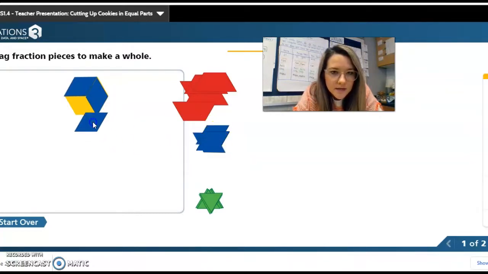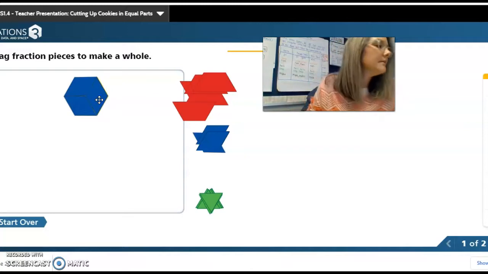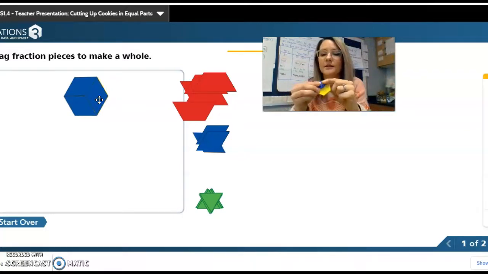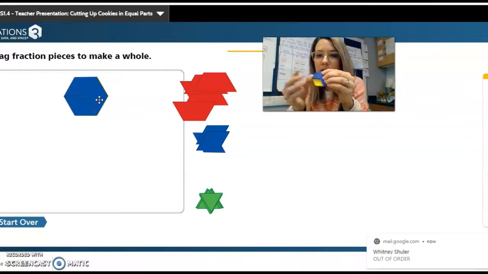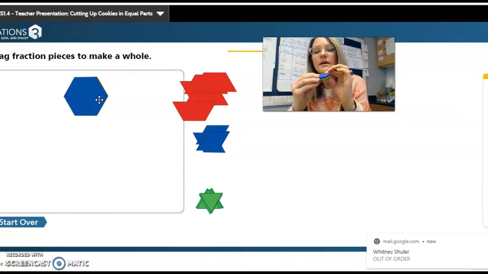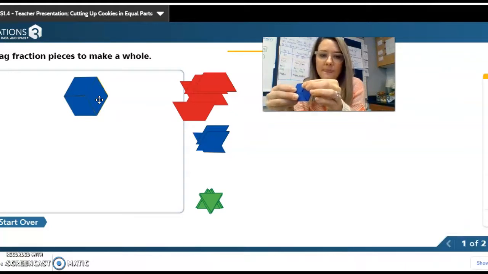All right, and let's see if this third one will cover it. Yes. All right, so 3 rhombuses cover the hexagon cookie. Okay, so again, I'll show you on my pattern block as best I can. Okay, so I can see that there's 3 rhombuses that cover one whole hexagon cookie.